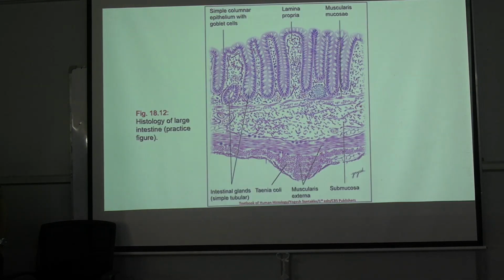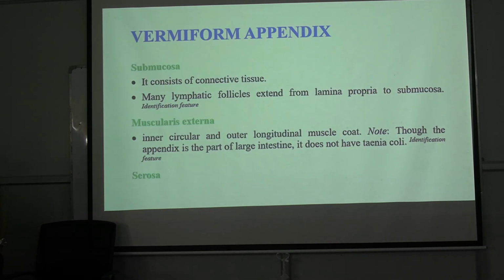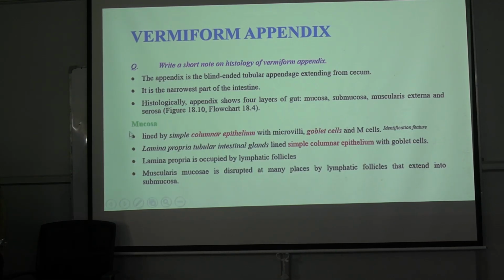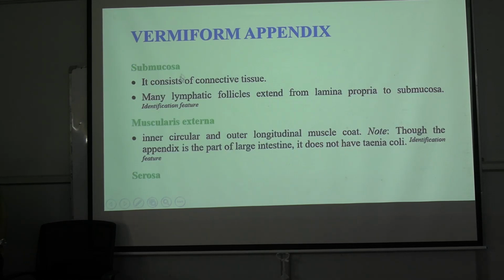Compared to the large intestine, these 2 layers, mucosa and submucosa, are very plentifully found, and the inner circular and longitudinal layers, some specimens may have them, some may not. Very good, keep that in mind, because during processing we might lose some of the muscle fibers.